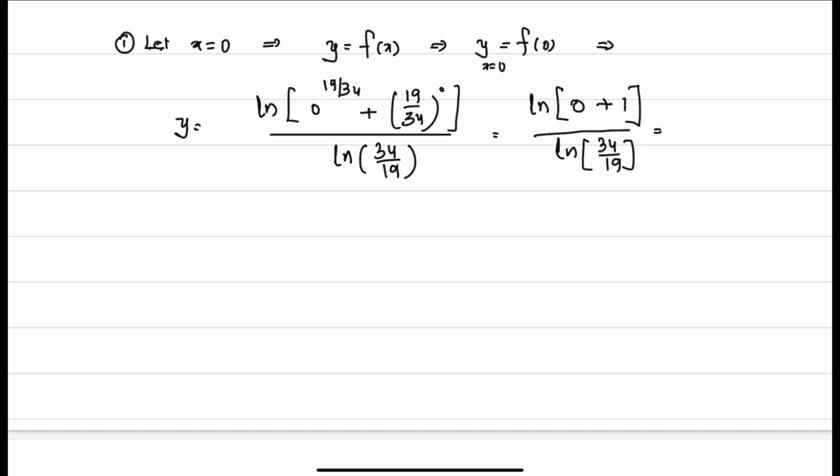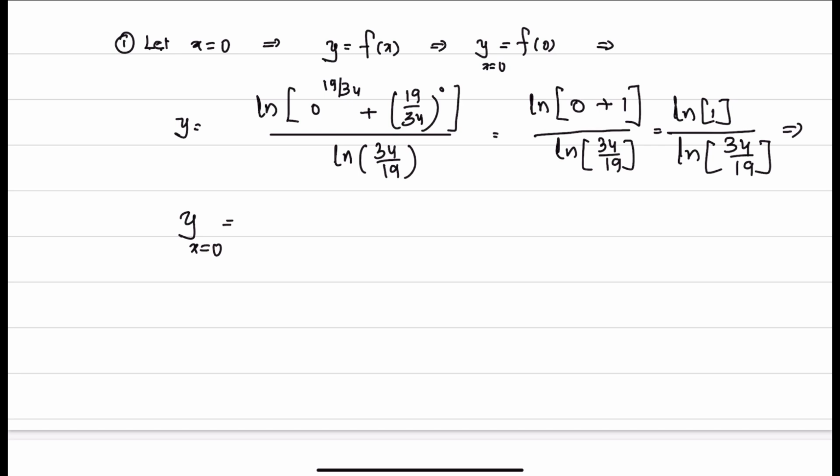That is equal to ln 1 divided by ln 34 by 19. That implies at x equal to 0, y is equal to ln 1.